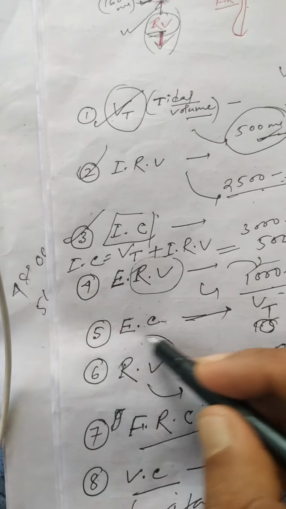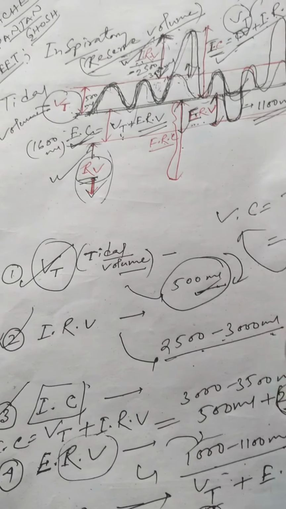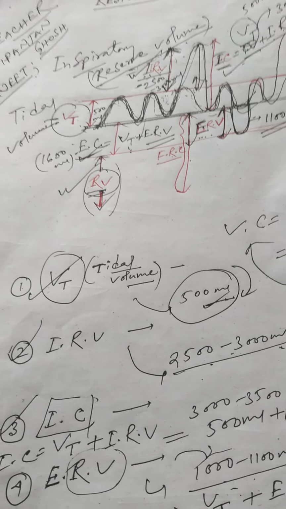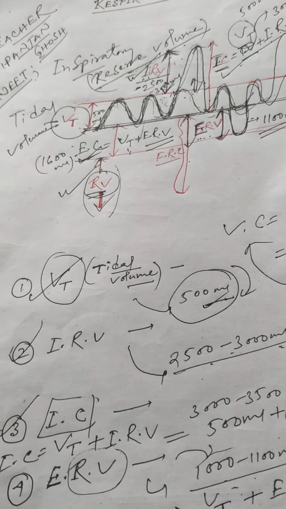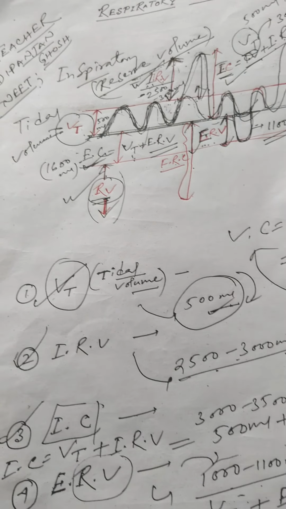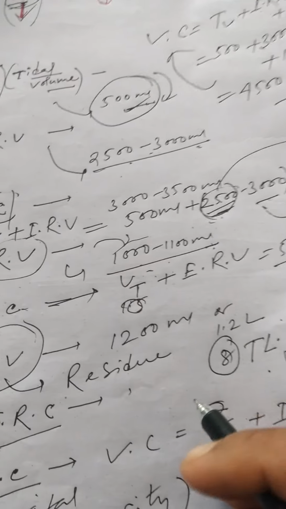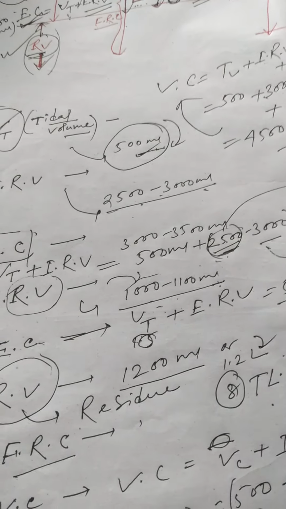Now the residual volume: the amount of air that remains in the lungs after forceful expiration. That is the residual volume, near about 1200 ml, that is 1.2 liter.